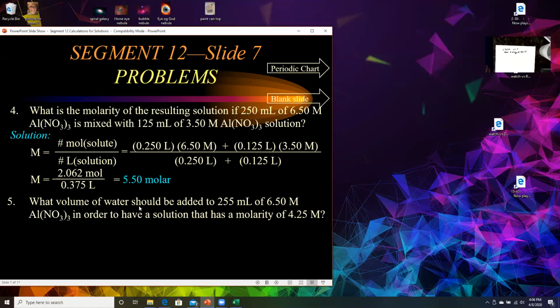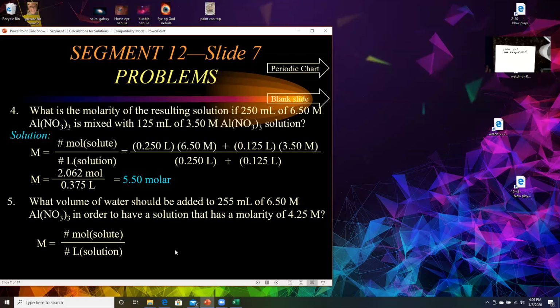Number 5, what volume of water should be added to 255 milliliters of 6.5 molar silver aluminum nitrate in order to have a solution that has a molarity of 4.25 molar? Okay, let's set up our problem again as before. That's the definition. And the way we do a problem is we analyze the problem and see what relationship we need to solve the problem.